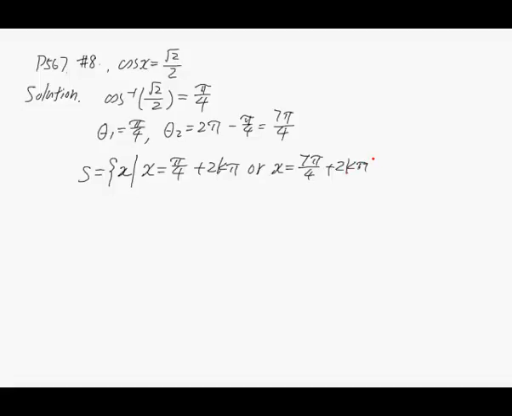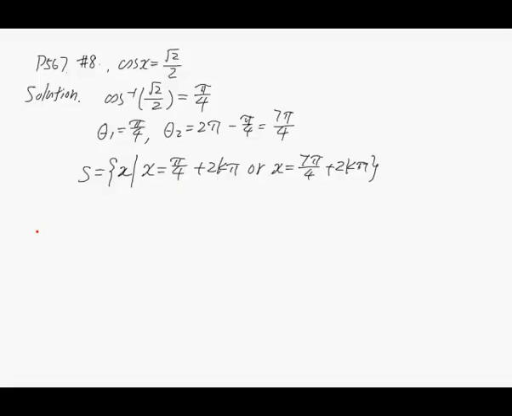And in this case, unlike the first example, we cannot incorporate these two sets of solutions into one general formula. Okay, we have to use these two formulas to express the general solutions. So this is another example.